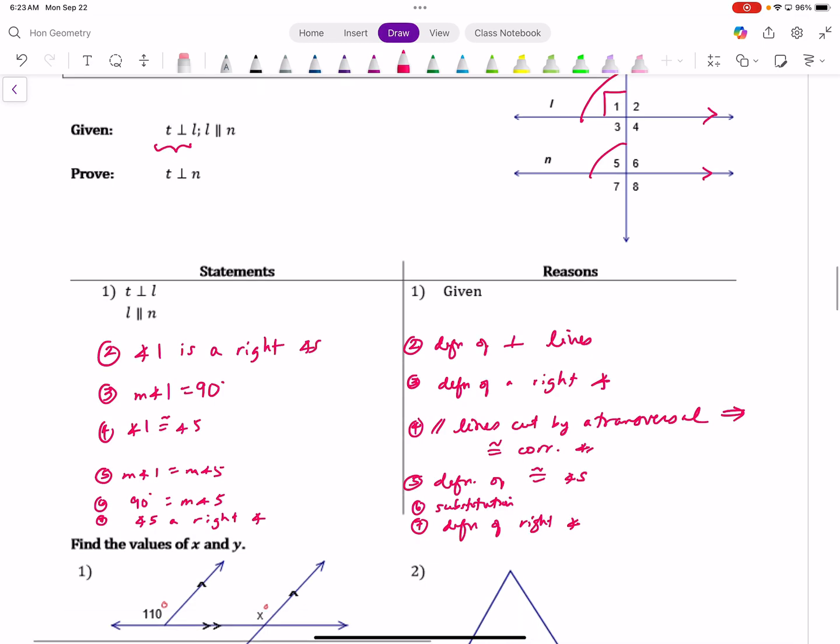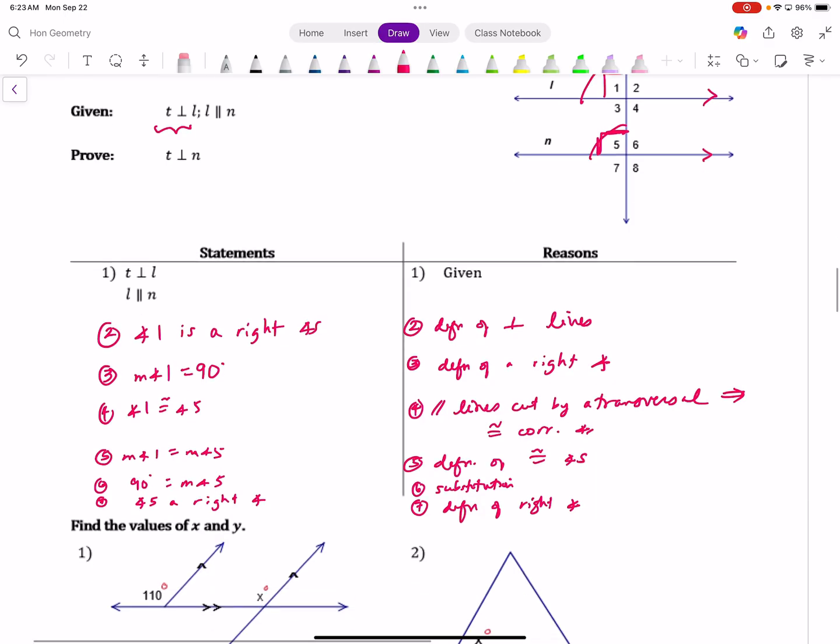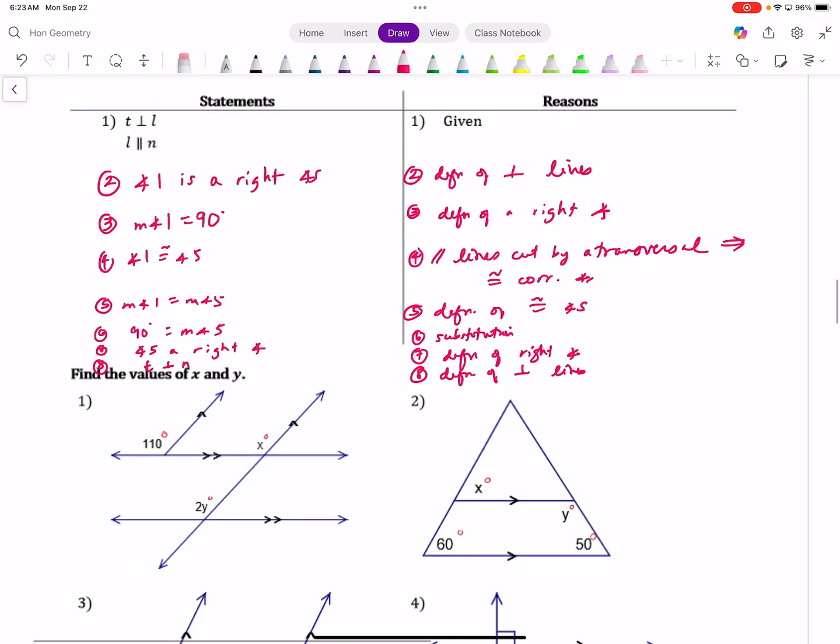And if angle 5 is a right angle, then that means T is perpendicular to N, because that's the definition of perpendicular lines, the fact that when they intersect, they form a right angle. I should put more room in those notes.